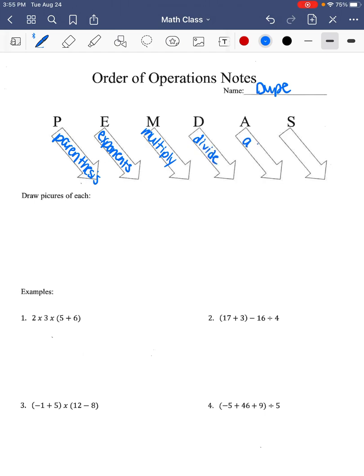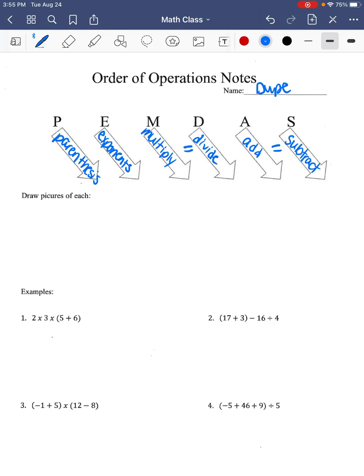And then you would add and then subtract. Now, I'm sure you know this already, but just to review again, multiply and divide are kind of on an equal playing field, so you can multiply or divide at the same time, it doesn't matter. And same as adding and subtracting, those can happen at the same time, it doesn't matter.